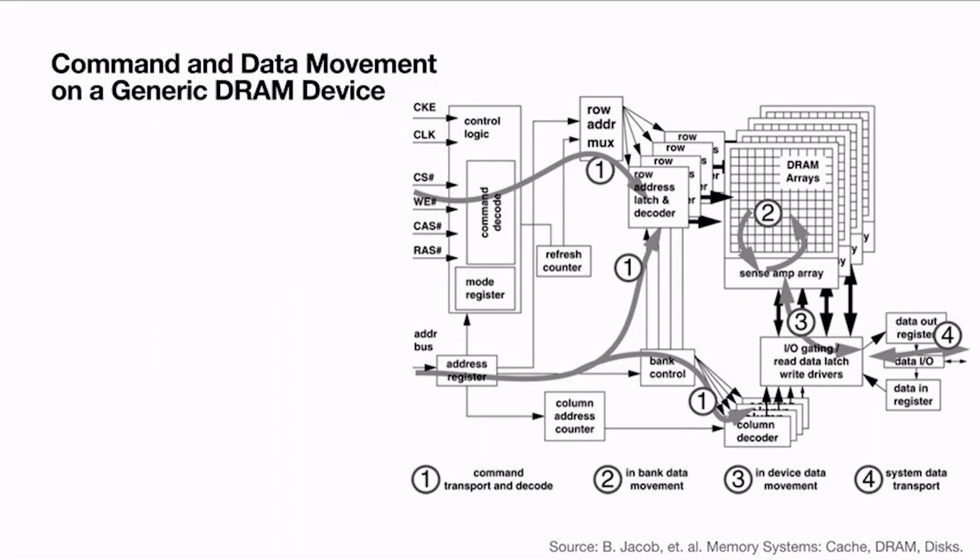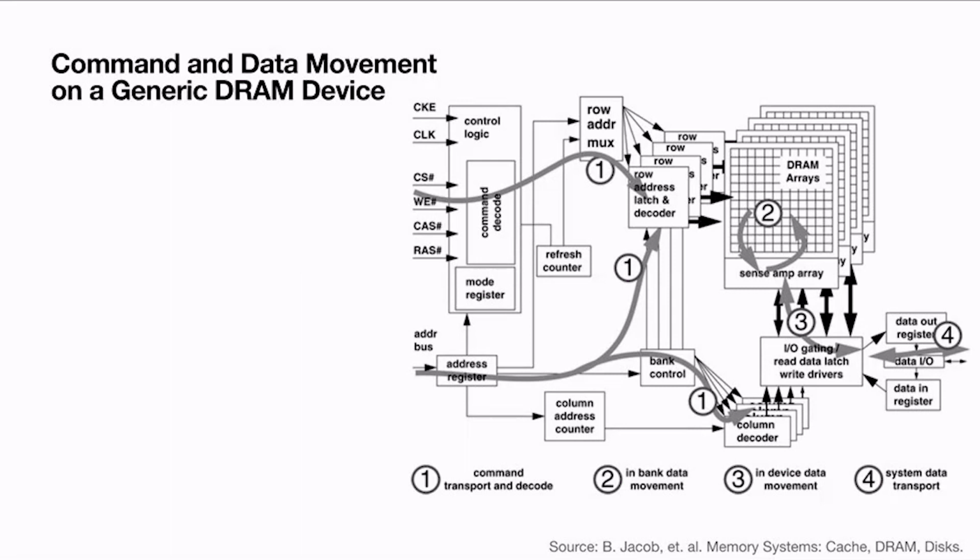From there, half the address will be sent to the row decoder and the other half will go to the column decoder. The row decoder selects a particular row, which is sent to the sense amplifiers. Then the column decoder selects particular lines from the sense amplifier array, which are sent to the IO gating, then to the data out register, which writes to data IO, and from there it is sent to the processor side or the memory controller side.